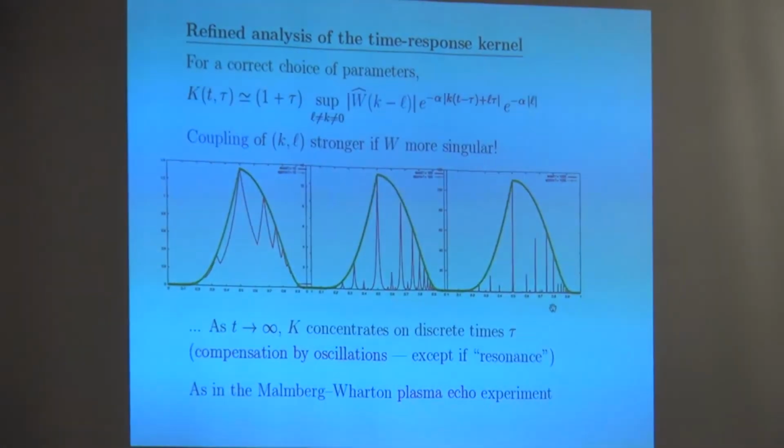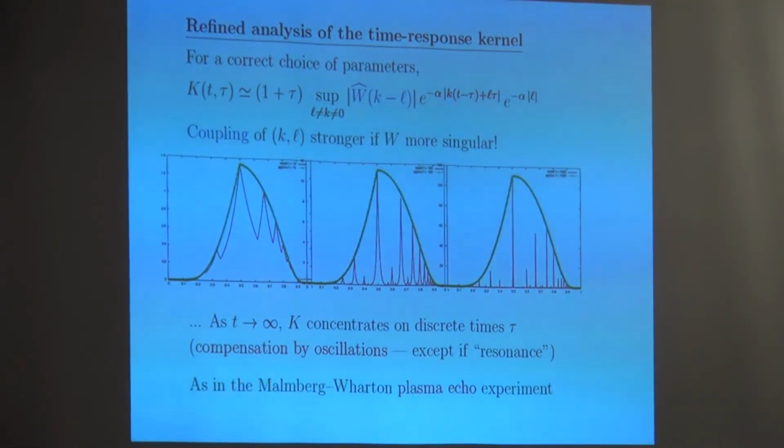It looks weird, but to predict the evolution at time t, it's more important to know how the gas was at time t over 2 than to know how it was just a second before time t. This is due to compensations by oscillations, except in some cases of resonances.